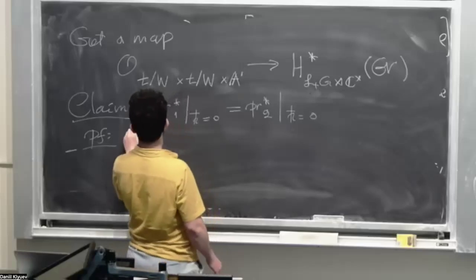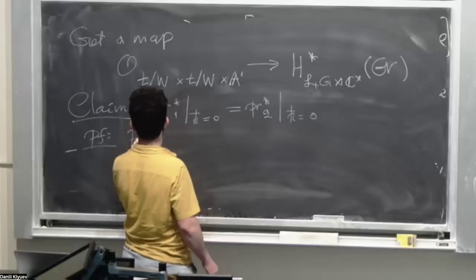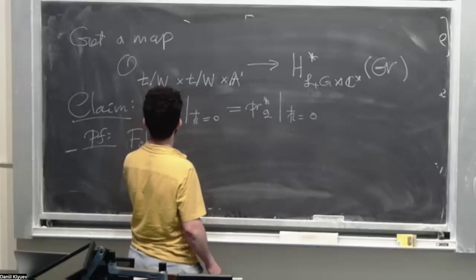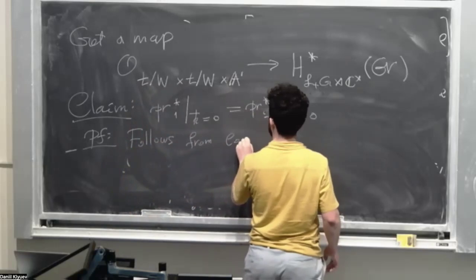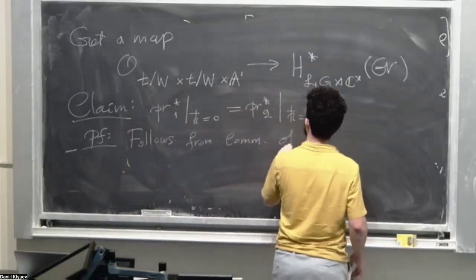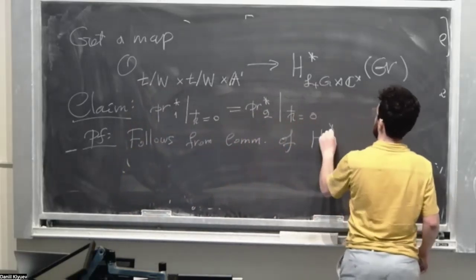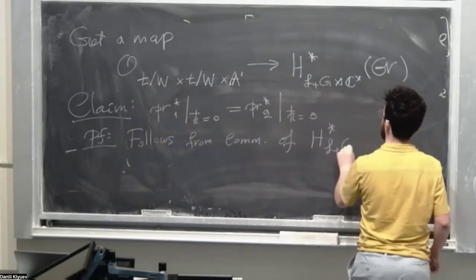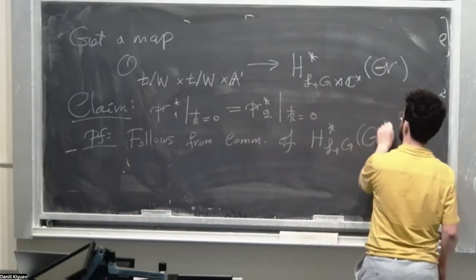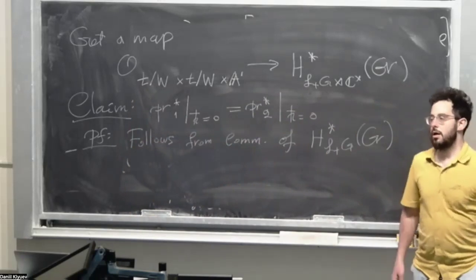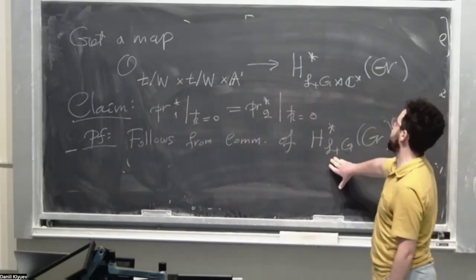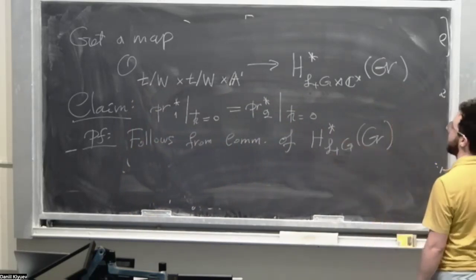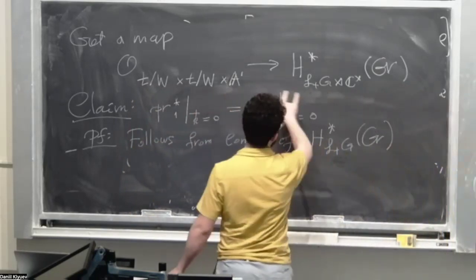So it follows from commutativity, and you can just assume this is commutative. So the two images are going to agree with each other.